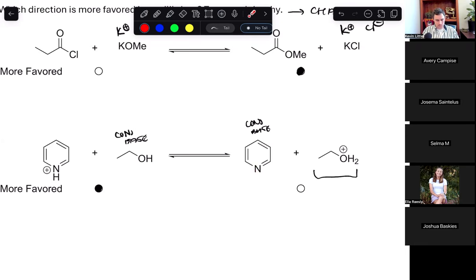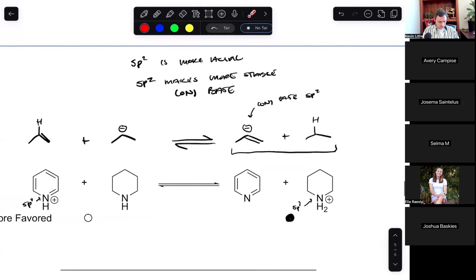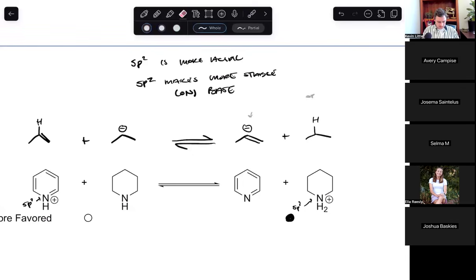Could you use the same logic for the one we were just doing? Yep, let's do it here, and then I'll do the one below it. This is the most negative thing, so this is the conjugate base. This is the most negative thing, so it's the conjugate base, right? This conjugate base is more stable because it's sp2 hybridized.